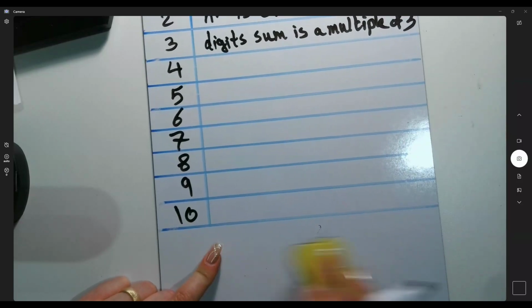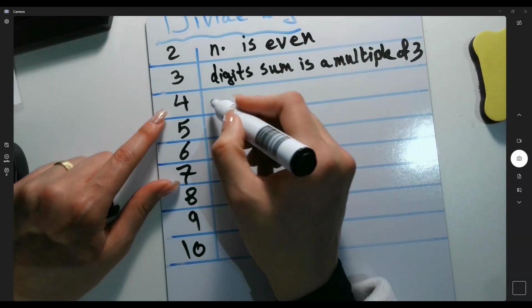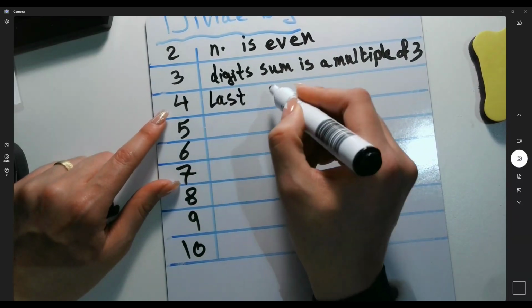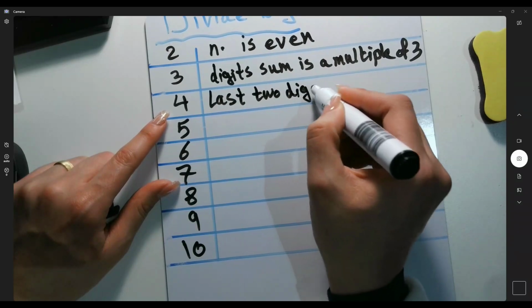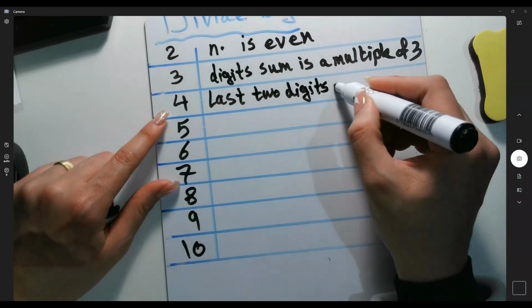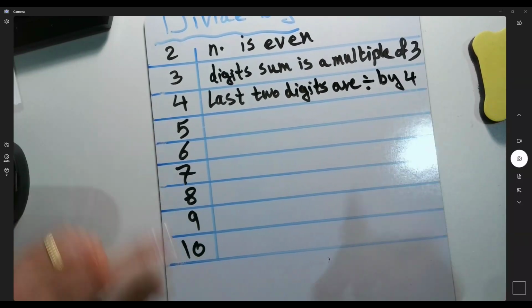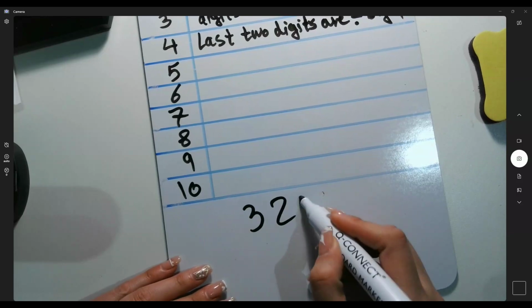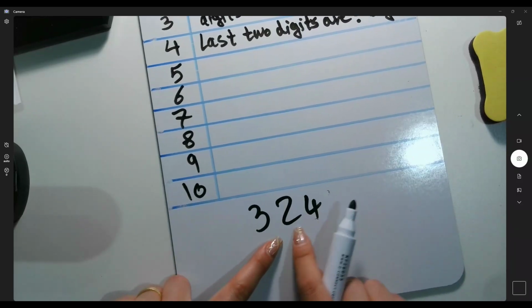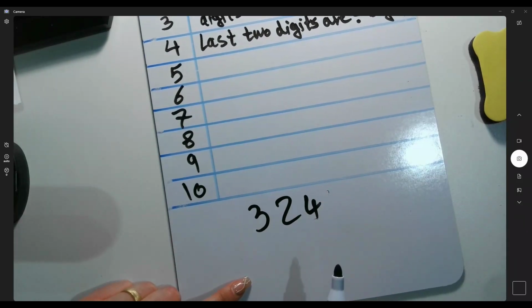Okay, next. Number 4. The last 2 digits are divisible by 4. So if I said 324, 24 is divisible by 4, so I can divide that number by it.